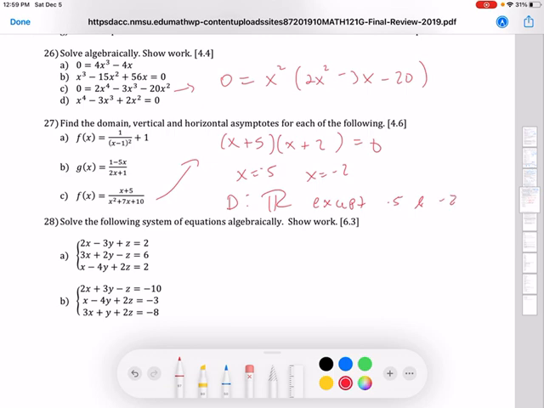Vertical asymptotes. These same numbers are your vertical asymptotes. For horizontal asymptotes, if the degree of the numerator is smaller than the degree of the denominator, then y equals 0 is your horizontal asymptote.